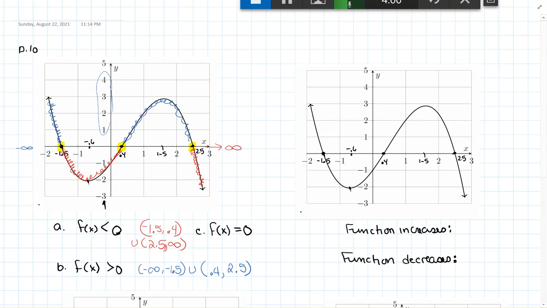Because those are like singleton points, we're just going to say at specifically x equals, this isn't an interval, these are just the specific x values, at negative 1.5, 0.4, and 2.5. That's when you're on the x-axis. Y less than 0, below. Y greater than 0, that's where you're above.